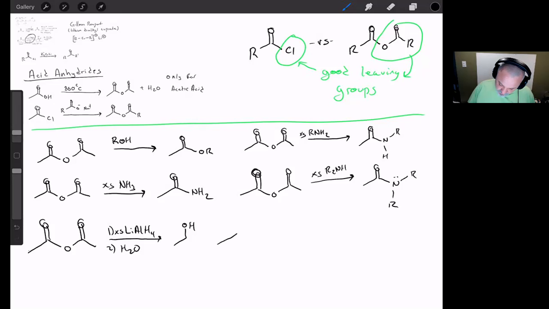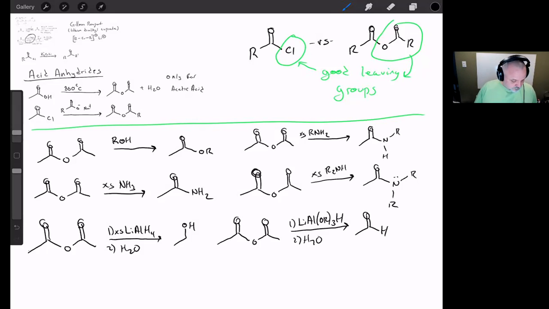Same thing with sterically hindered aluminum hydride reagents. Same thing with Grignard.